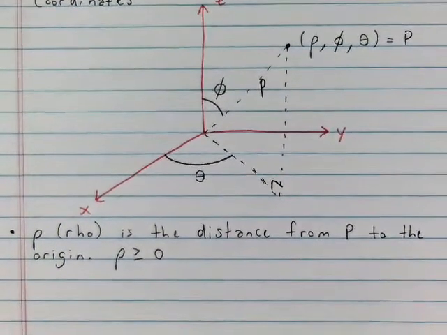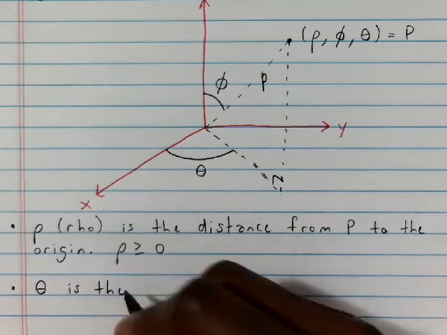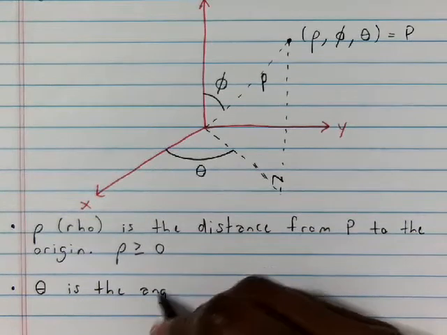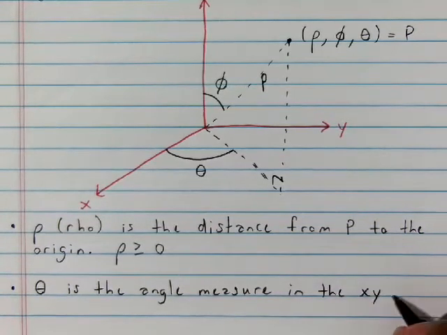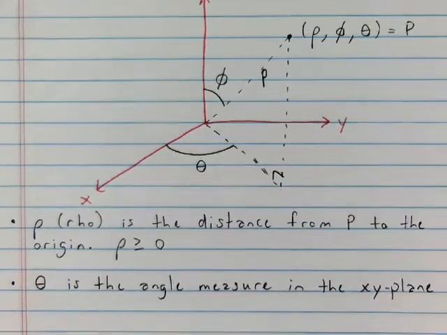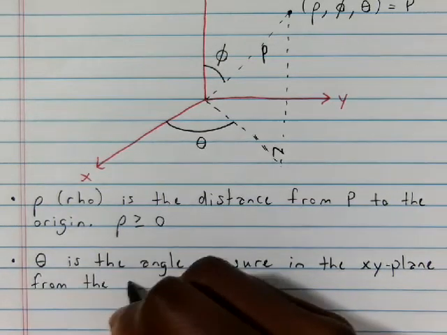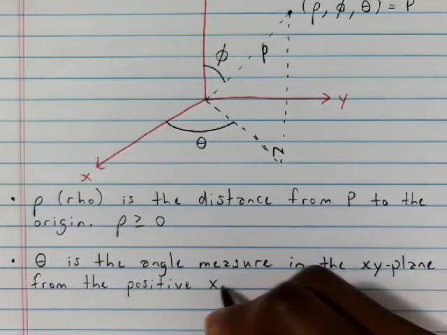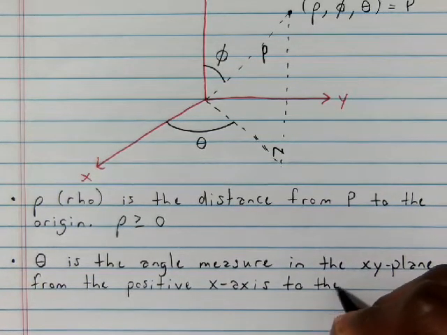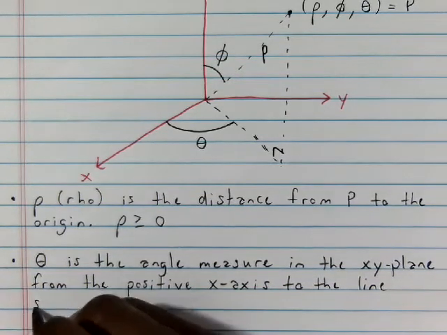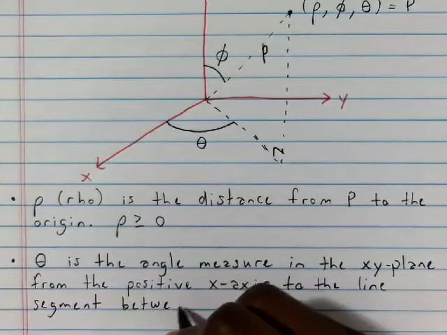Then theta is the angle measure in the xy plane from the positive x-axis to the line segment between 0, 0, 0 and this point right here.